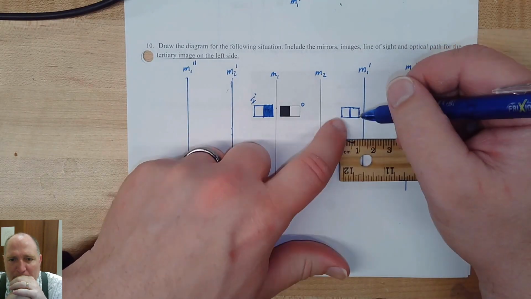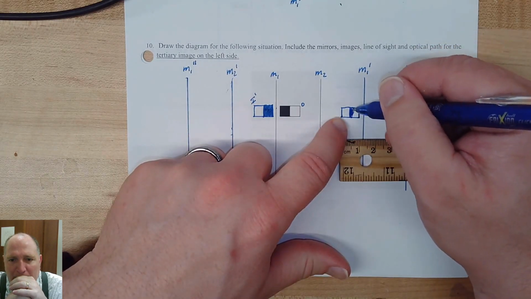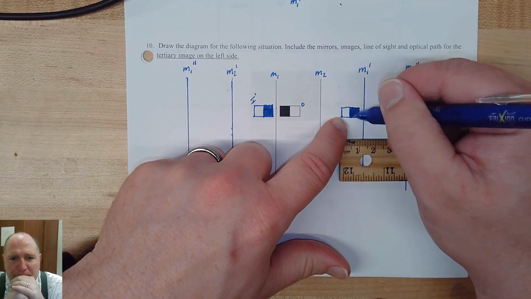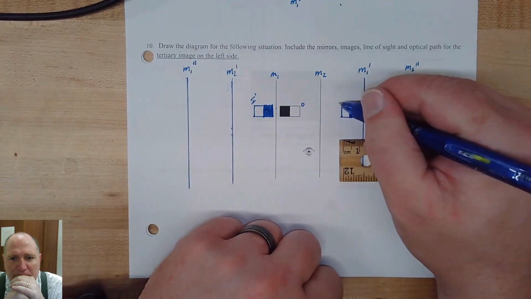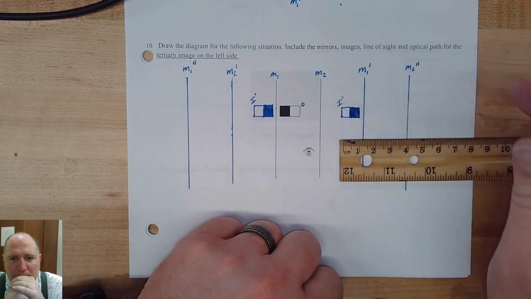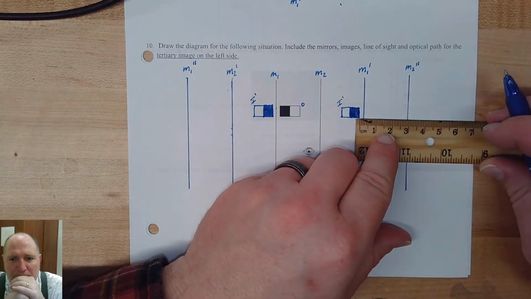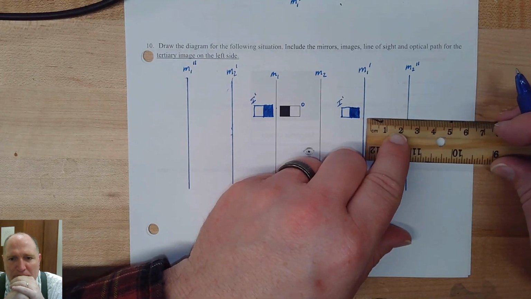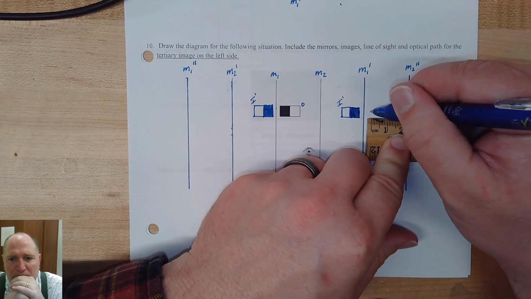Here the white side faces the mirror, so the white side's going to face the mirror when it comes over here. Cool. This is also a primary image of our object. And you keep continuing that, and I am going to draw my remaining images.